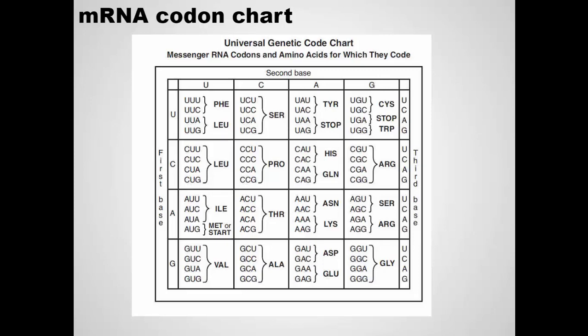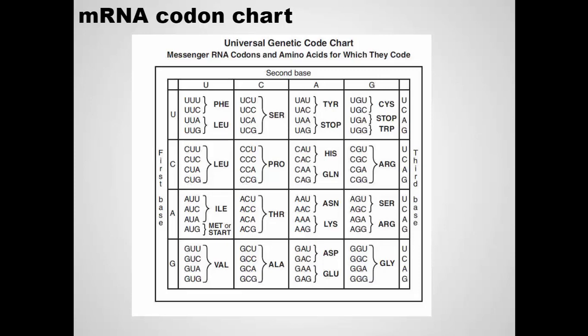You look at the first letter of the codon, A. You find it on the left side. So here's A, so it's going to be in this row. Then you go up to the top for the second letter, C. So it's going to be in this column. And then you can follow here, G. ACG is here. That codon, ACG, is a code for the amino acid THR.